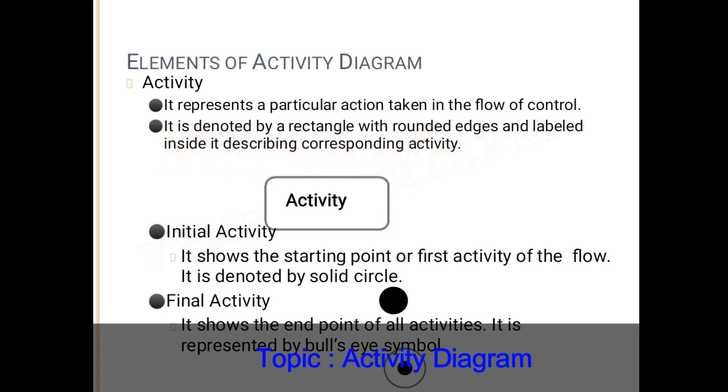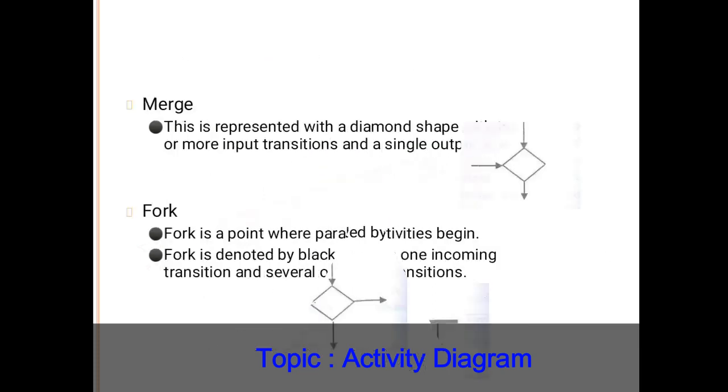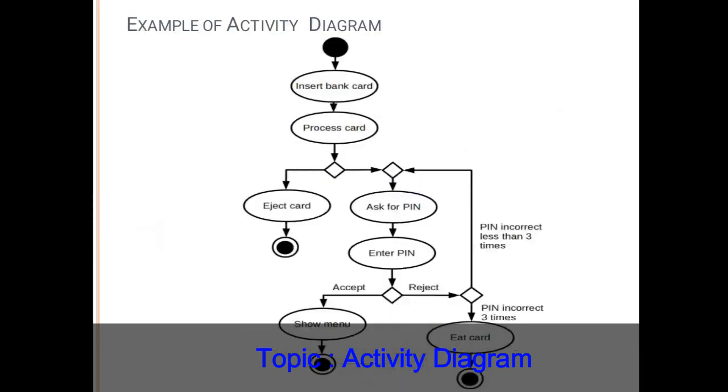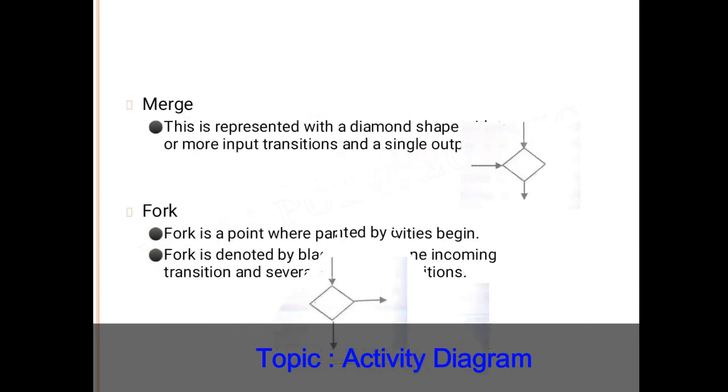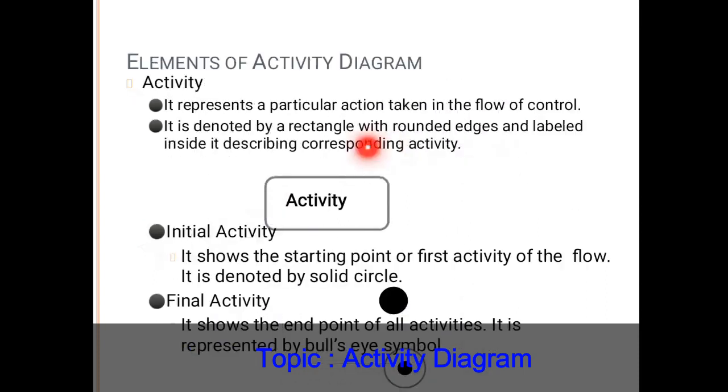See the example of an activity diagram: this is nothing but insert bank card. We can also define it with a round shaped rectangle as well as an ellipse. This shape is known as an ellipse, and this shape is known as a rectangle with round edges.